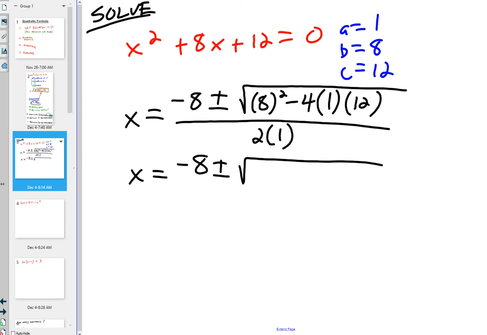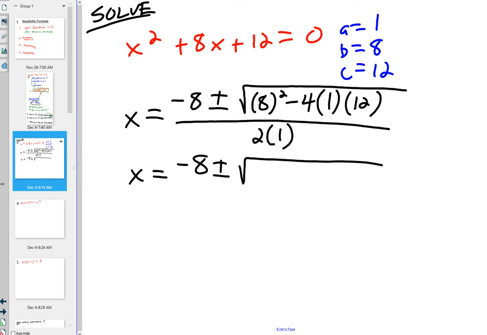So here's what happens, right? We become so reliant on the calculator that we forget to think. I would hope that you know what 8 squared is, but you're going to get numbers where you don't know the square and you use the calculator, right? And as bad as we are with mental math, some of us are just as bad with a calculator. We don't know the proper keystrokes.